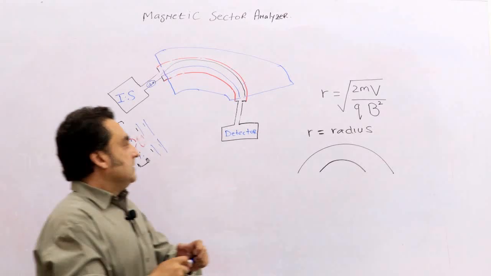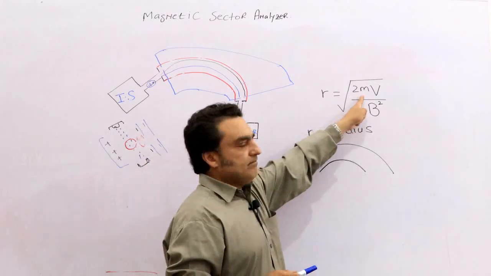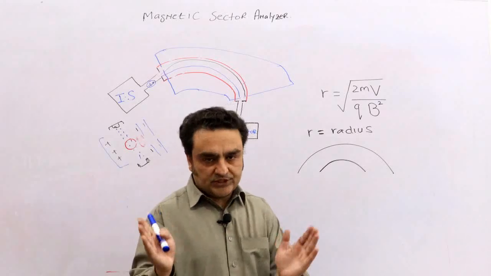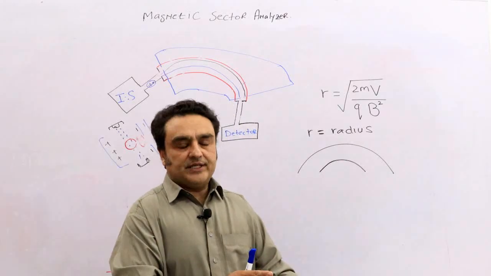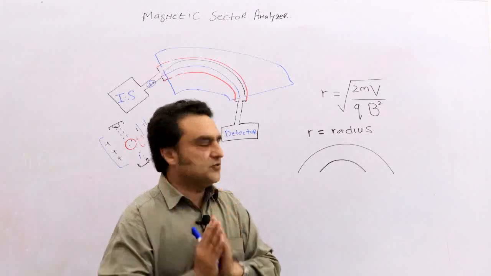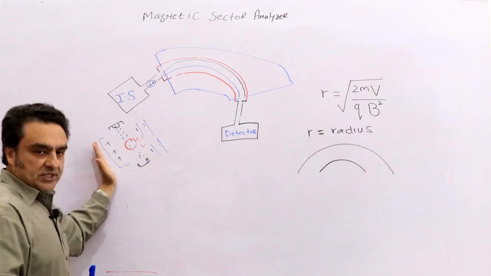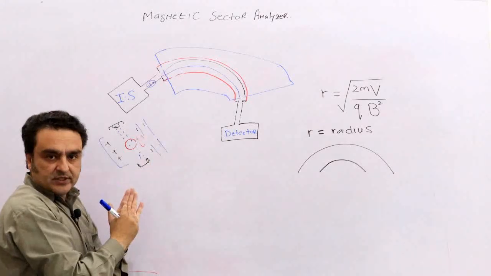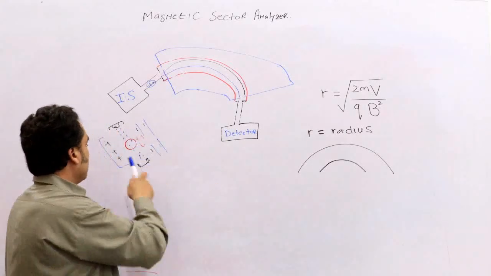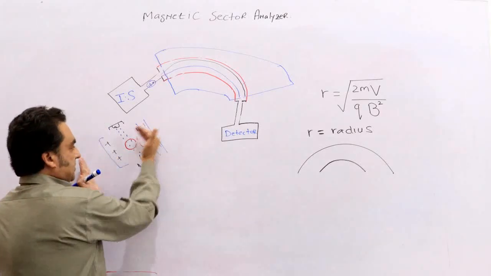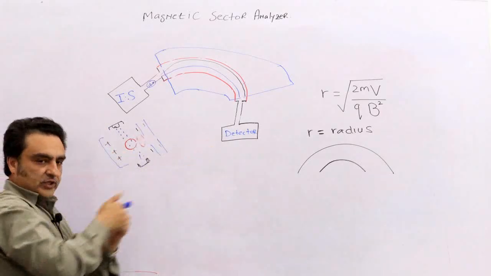Now R is the radius, m is the mass. Of what we don't know, but it's the mass of the radical cation or the positive species. V is the potential difference between those plates, or the voltage applied across these, that is how much it is pushing and how much it is pulling.